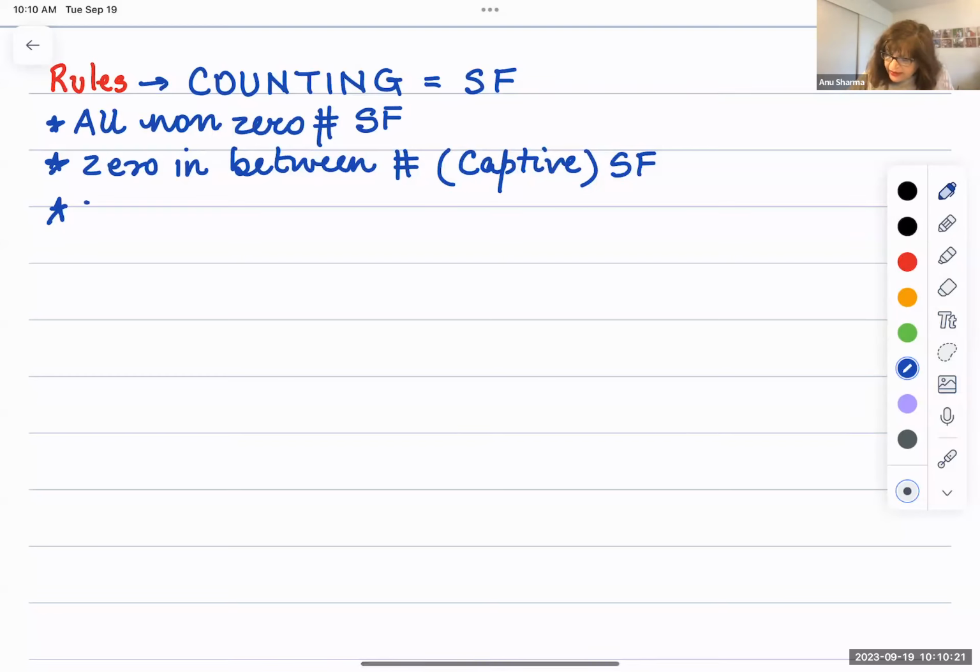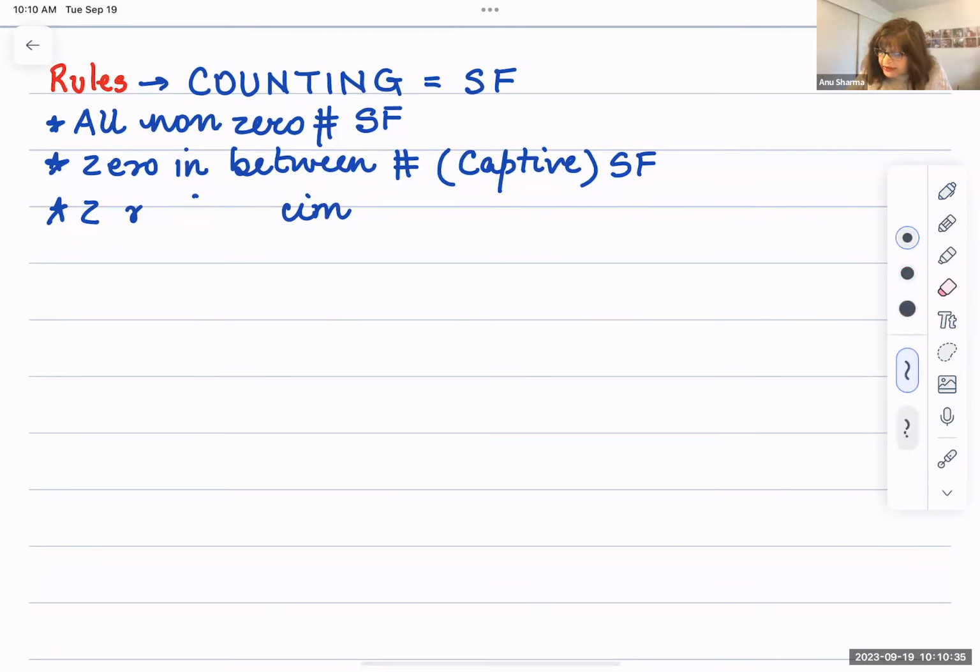Then comes the zeros wherever the zero is present in a decimal number. If there is a decimal number, and there is a zero in it, the zero can be in front or at the back. So let's look at these.